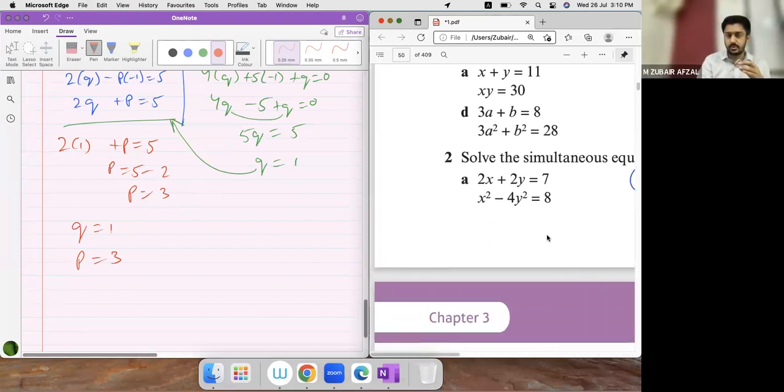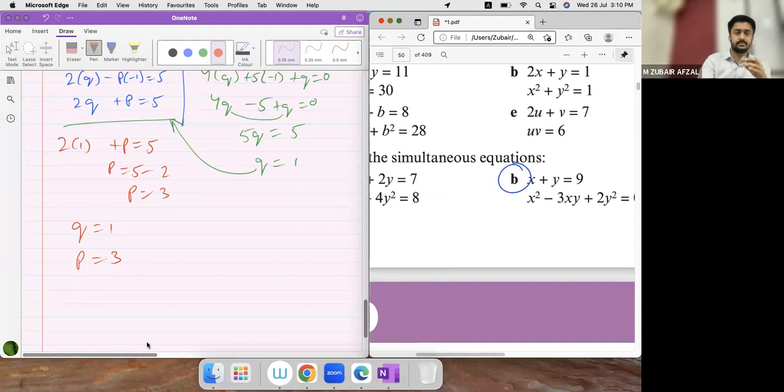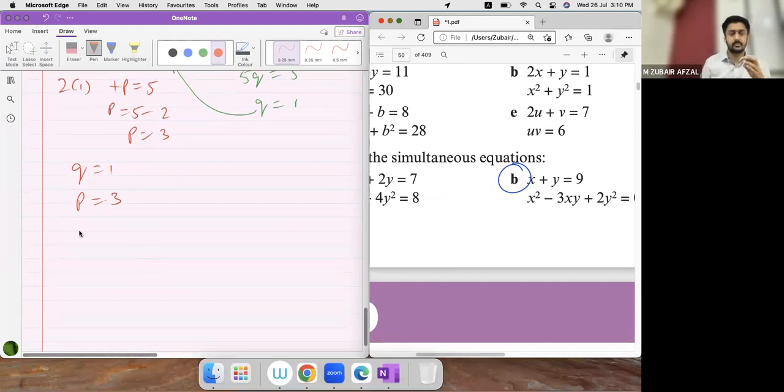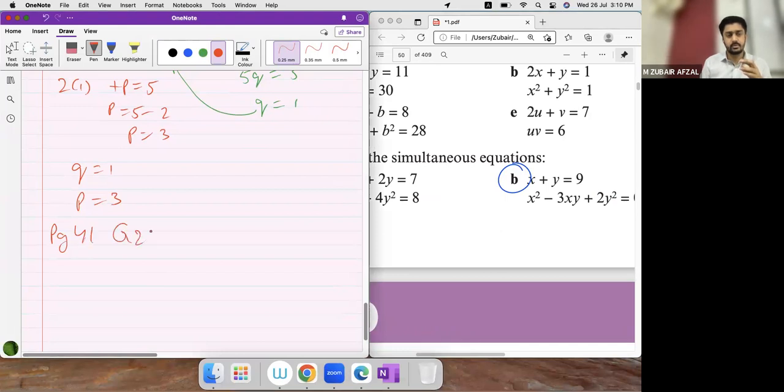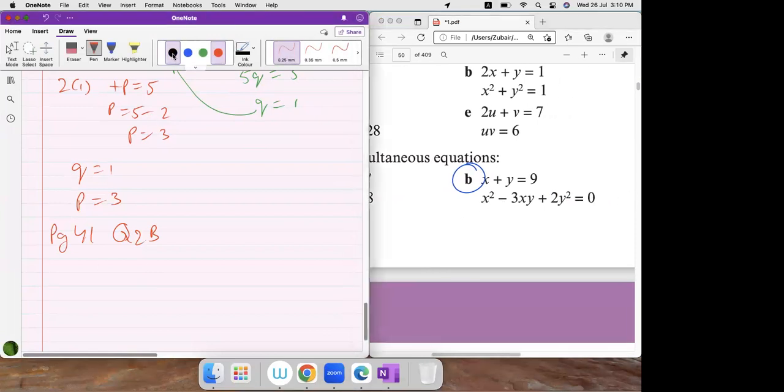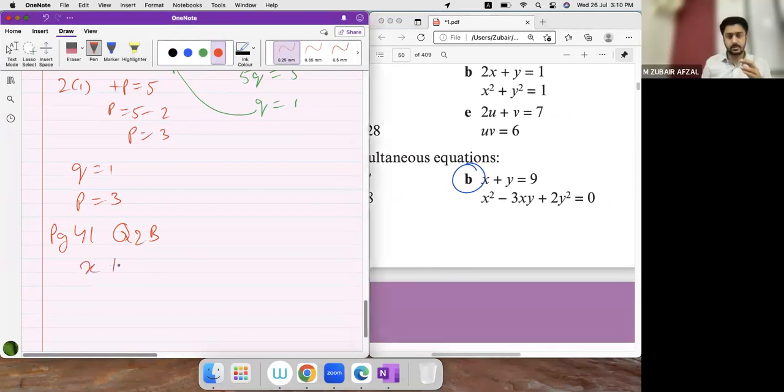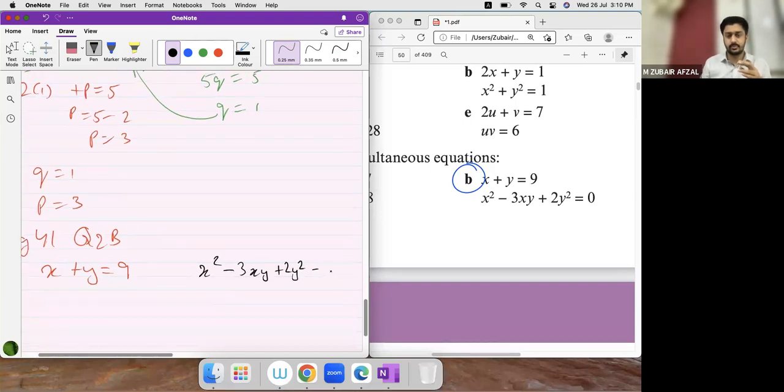This is page 41, question 2B. First equation is x plus y equals 9. Second equation is x square minus 3xy plus 2y square equals to 0.